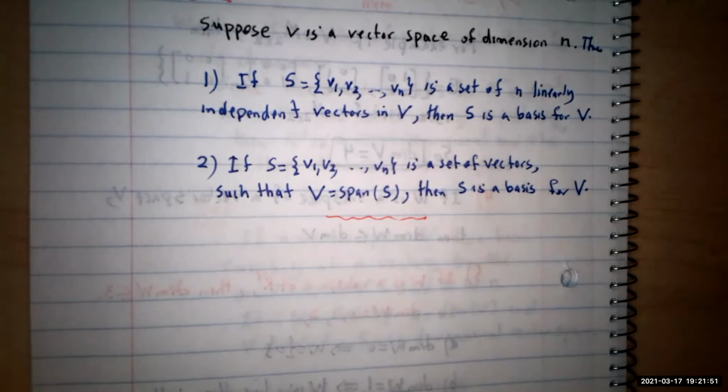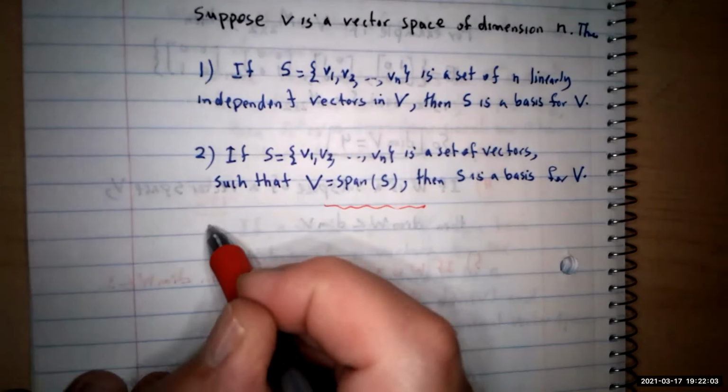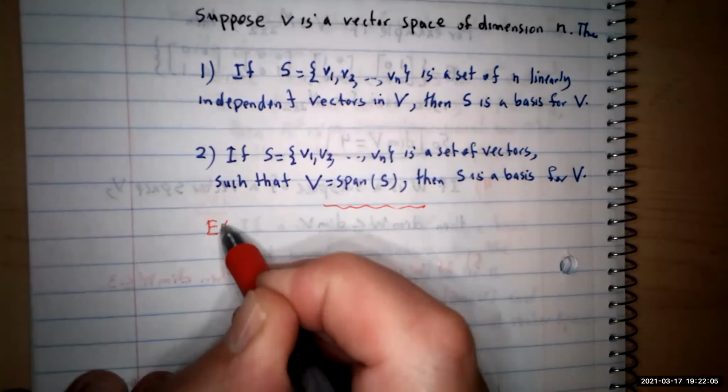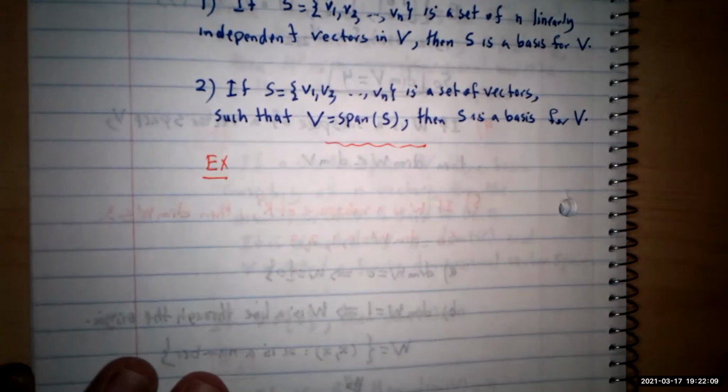You don't have to prove both to show that this is a basis. So let me give you an example. These examples are very important and they come up quite a lot.